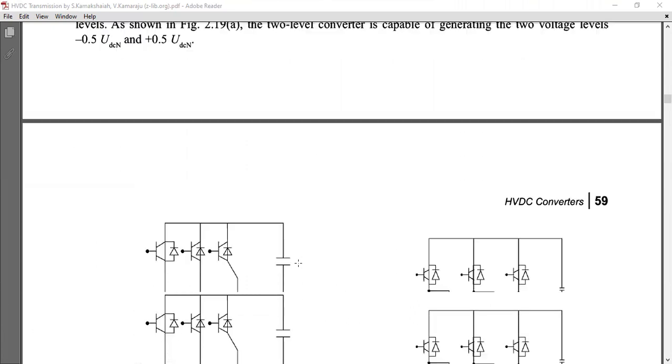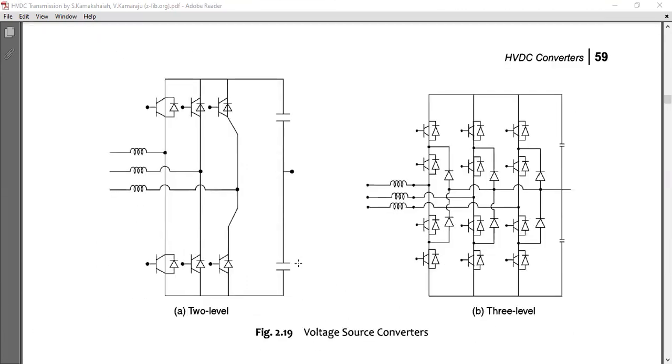In HVDC converters, so far we have seen only 3 phases and 2 levels, that is 6 pulse bridges, or 3 phase, 3 level, 12 pulse bridges. These two are shown here: 2 level and 3 level.